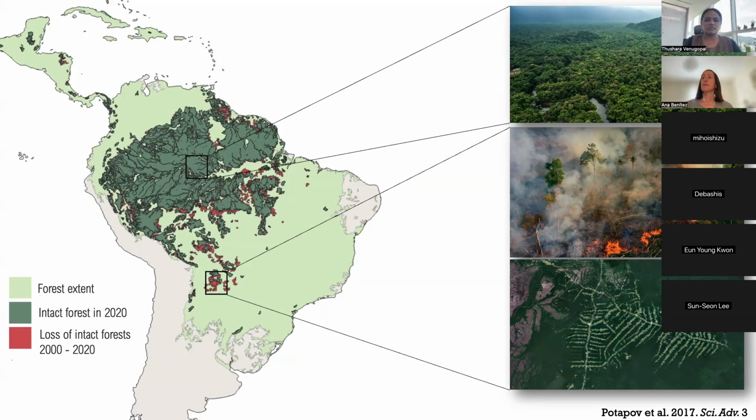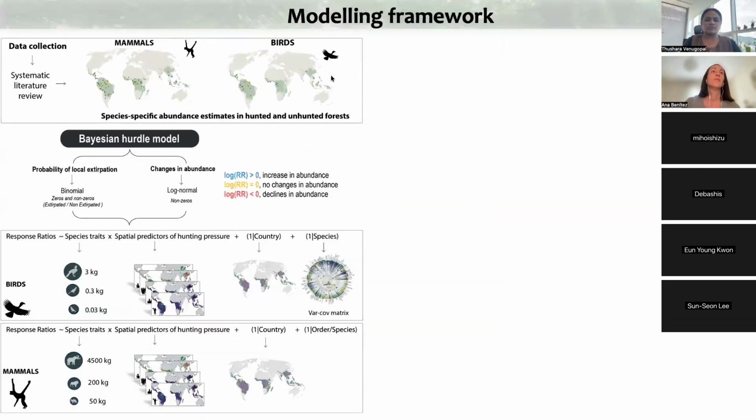So here, because we knew our previous analyses were working, we decided to expand our data set, which is what we did here. We expanded for mammals and birds. And then we applied a new set of models, Bayesian hierarchical models, where we model, on the one hand, the probability of local extinction and the changes in abundance, and then with a series of predictors, not only one or two, but more.